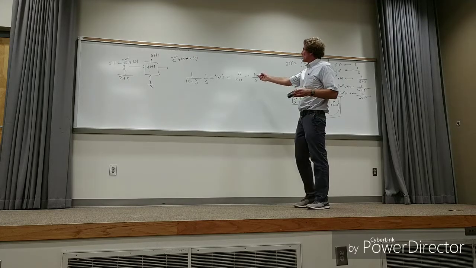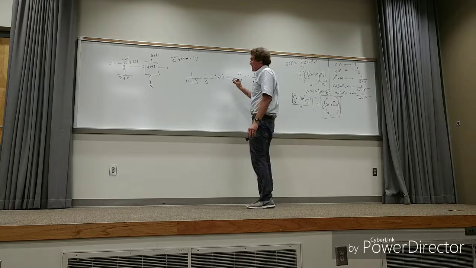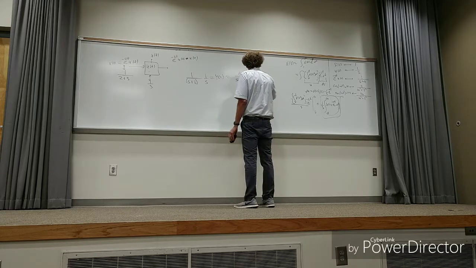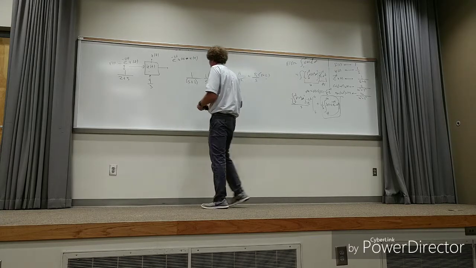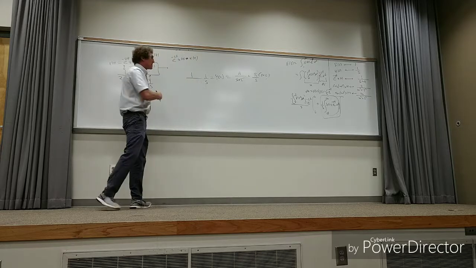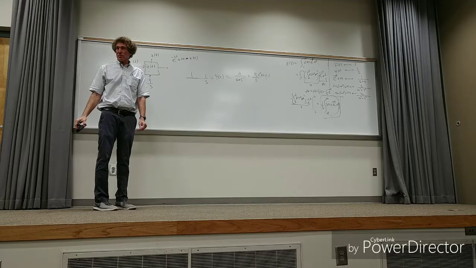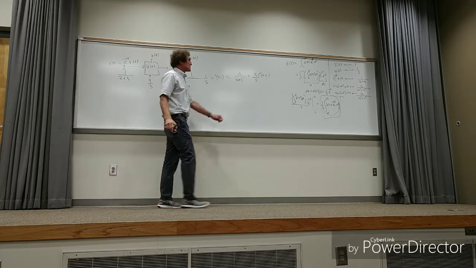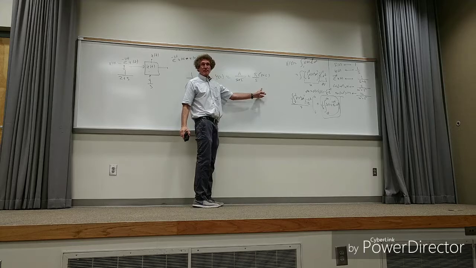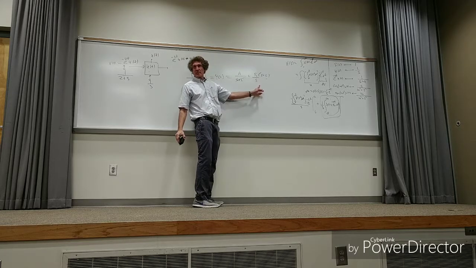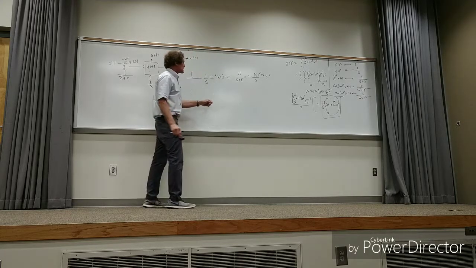Multiply everything by the pole, s plus 2. If I multiply everything by s plus 2, that goes away. I get s plus 2 here. And if I multiply by s plus 2, it goes away there, doesn't it? Then I evaluate what's left at s equals minus 2, the pole. When s equals minus 2, doesn't this go to 0? Class? Yeah. And what happens to this?